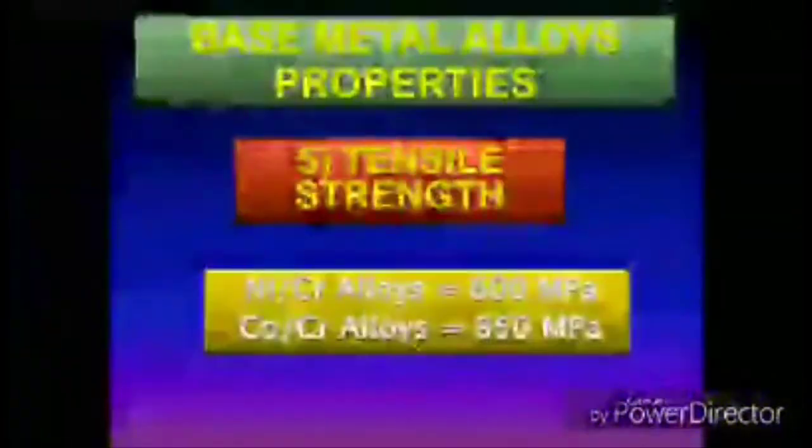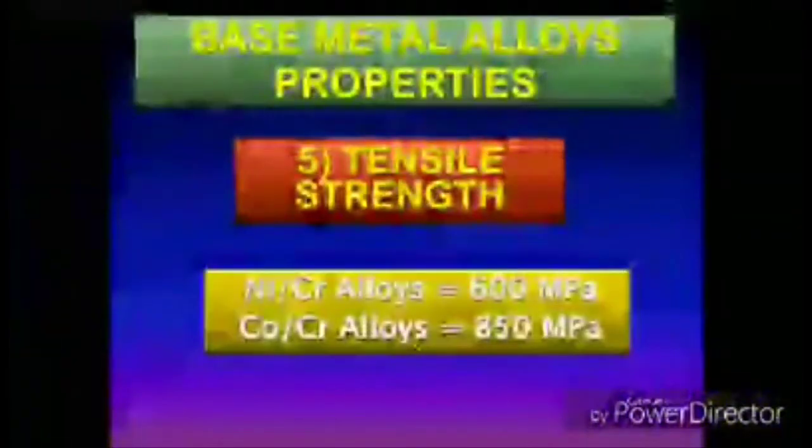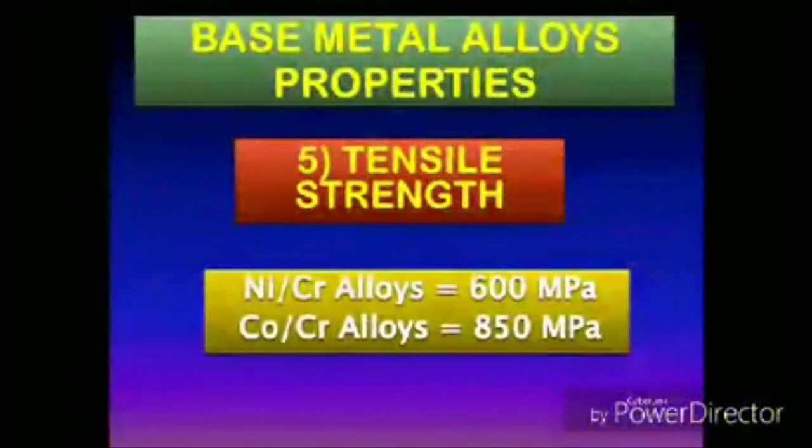Next is the strength of the base metal casting alloy when a tensile force is applied. The tensile strength of nickel chromium casting alloy is 600 megapascals, whereas the tensile strength of cobalt chromium alloy is 850 megapascals. So cobalt chromium has a higher tensile strength compared to the nickel chromium.